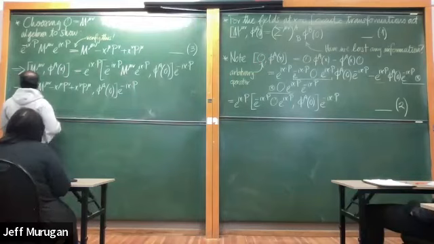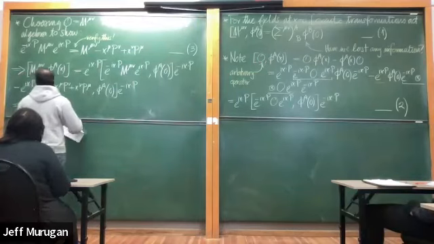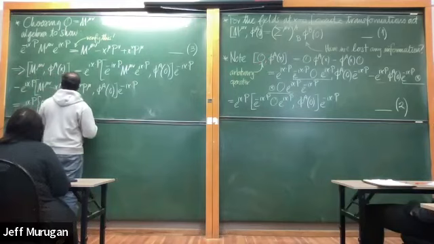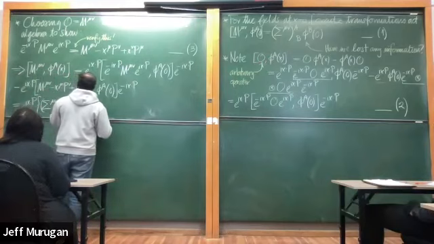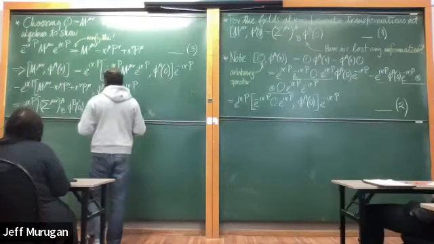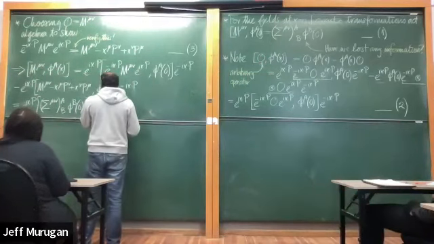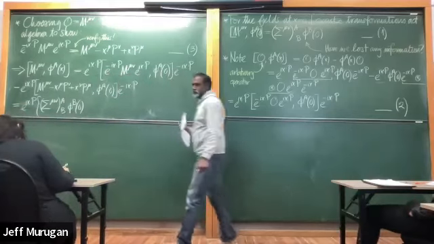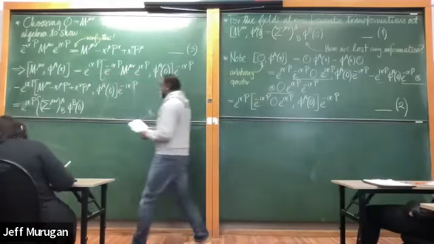This is e to the minus i x·p times sigma_mu nu acting on phi A at the origin. p_nu acts like a derivative with this factor i.